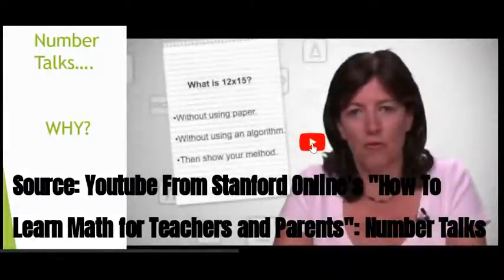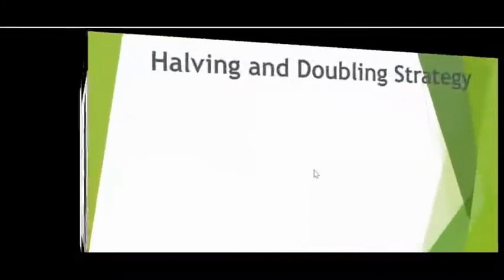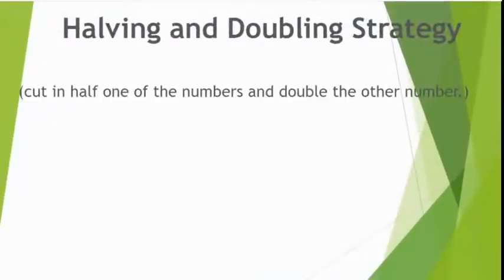So as you see, number talks, a simple problem of 18 times 5 yielded so many different strategies. So let's take a look at the halving and doubling strategy, where you take one number and you're really taking the factor of 2 out of it and using that 2 factor to double the other number.